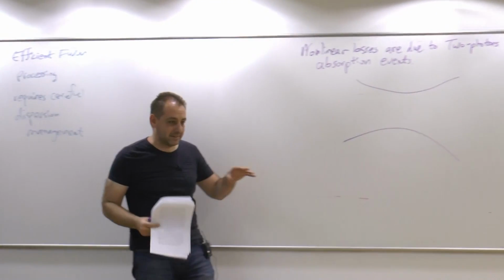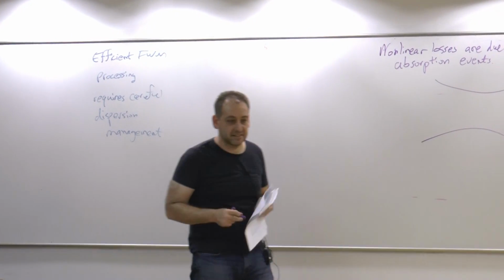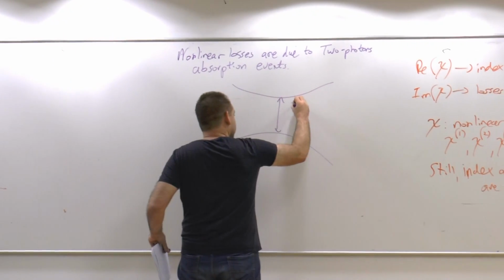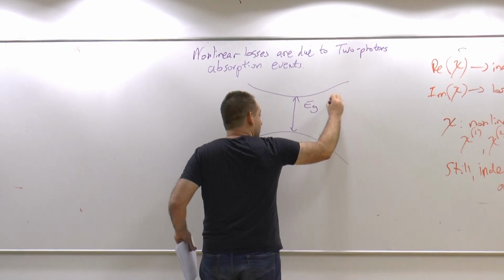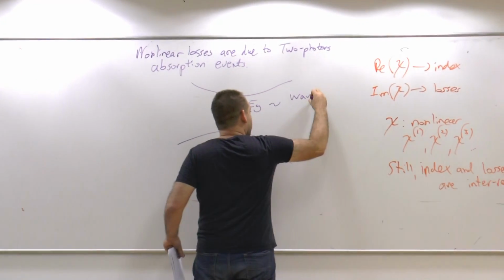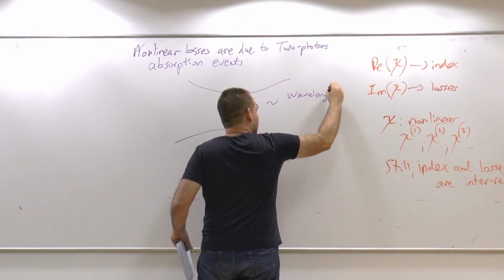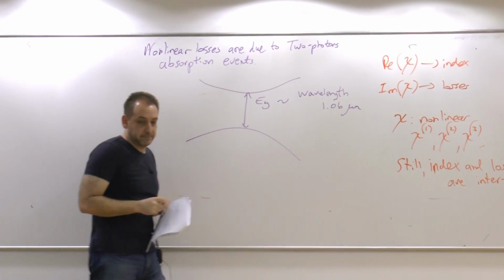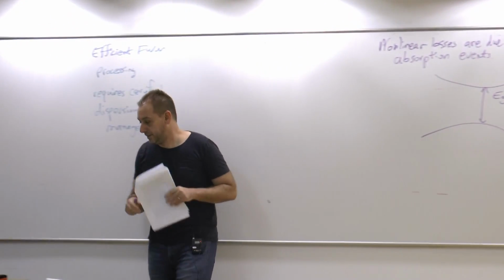Silicon is not direct band gap, I know, but for the sake of simplicity, let's do it that way. And we have a band gap here, which corresponds, for the case of silicon, to a wavelength on the order of 1.06 microns. This is the energy band gap.